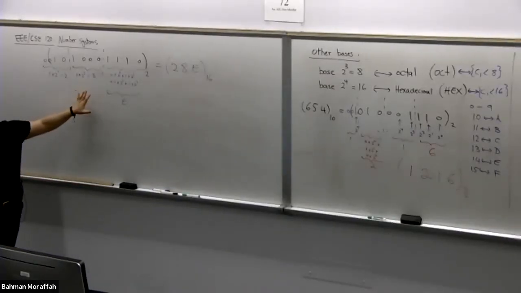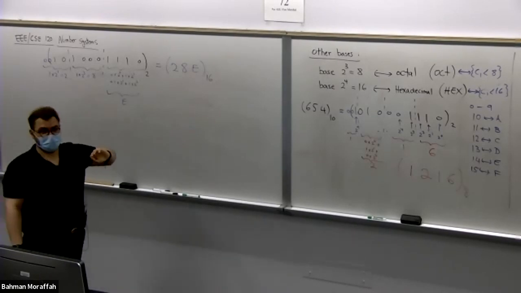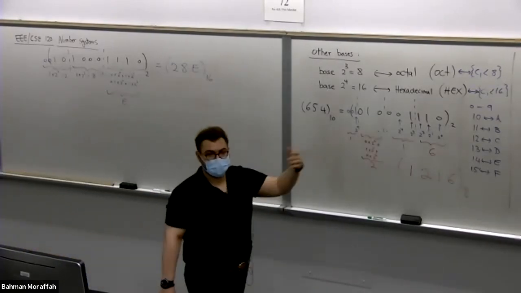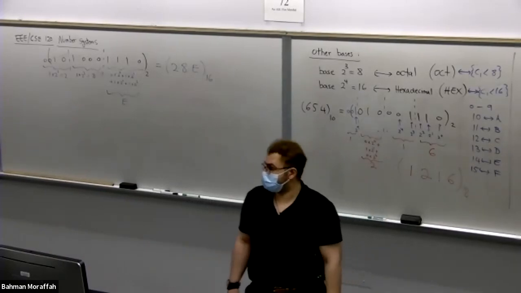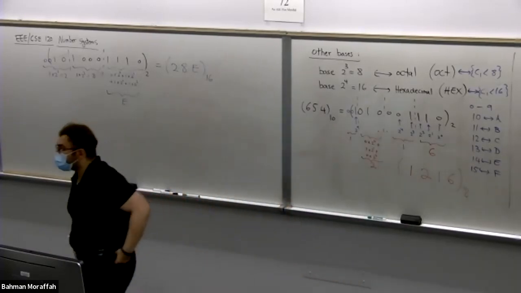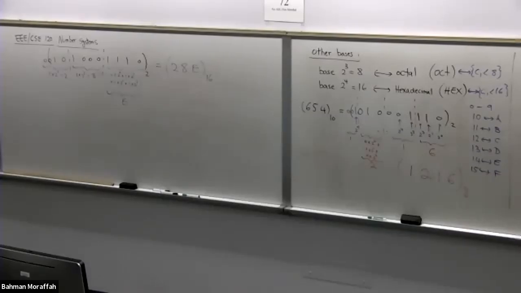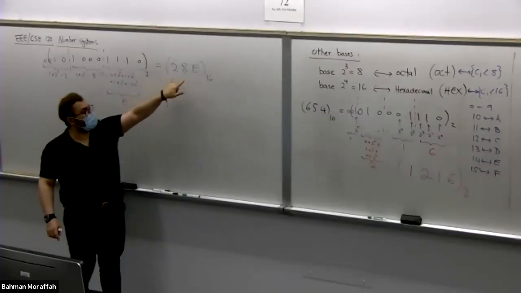Any question about a conversion from decimal to binary and binary to hexadecimal, octal, or things like that? So the 2, 8, and B are the coefficients. Yes, exactly. These are the coefficients.